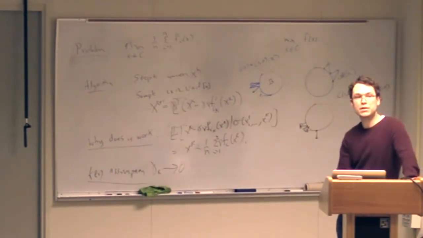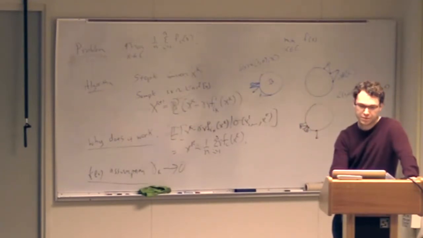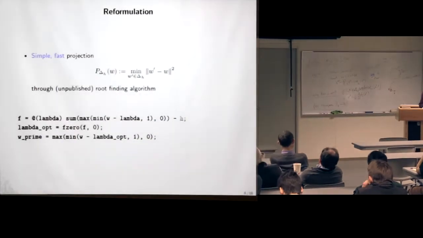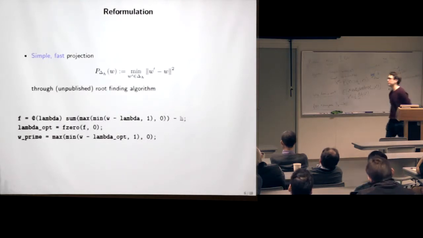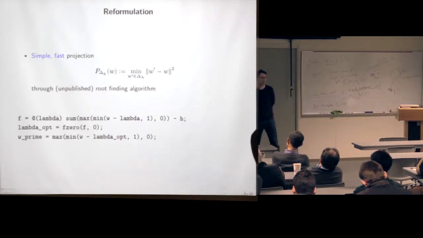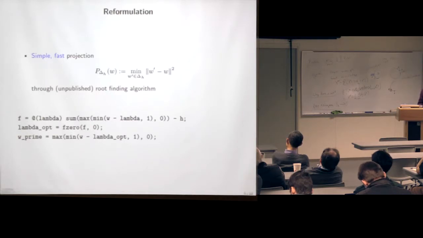One is taking a gradient step and then projecting. The other is taking a stochastic gradient step. The key point about projection: if you want to run a projected gradient method on this problem, we need to compute this projection. And we actually have a fast projection for this problem, just through a simple root finding in MATLAB, so this is pretty cheap.